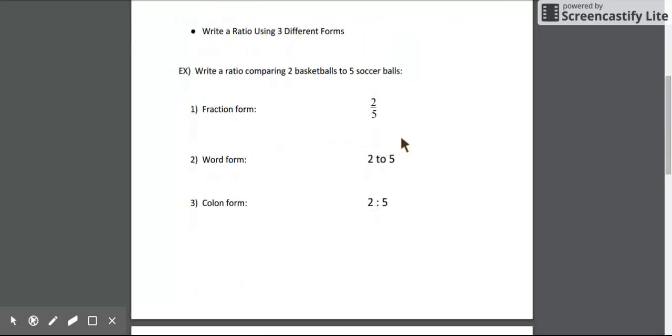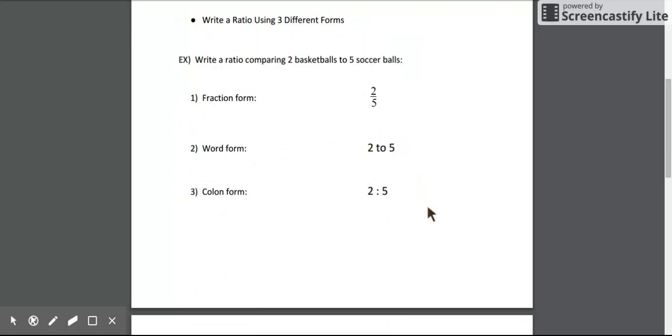When we want to represent a ratio, we can actually represent it or write it in 3 different ways. So we'll use this example. We're going to compare 2 basketballs to 5 soccer balls. We're just going to compare the number of balls to each other. So we can do that 3 different ways. We can write it in a fraction form. I can say that the comparison or relationship between basketballs to soccer balls is 2-to-5 in fraction form.